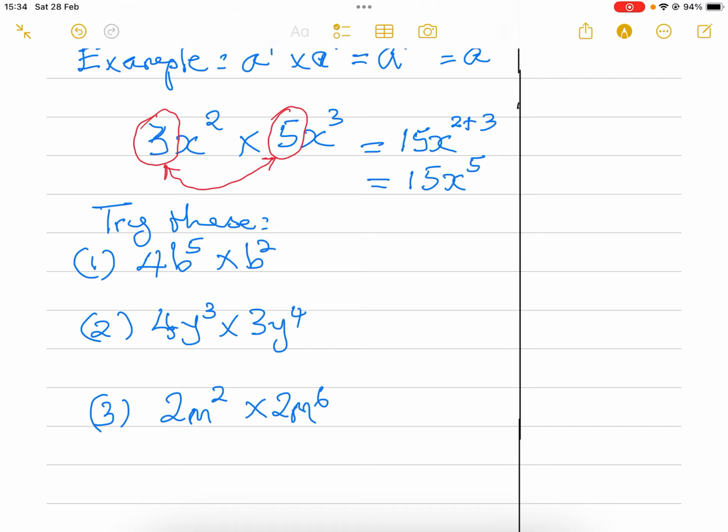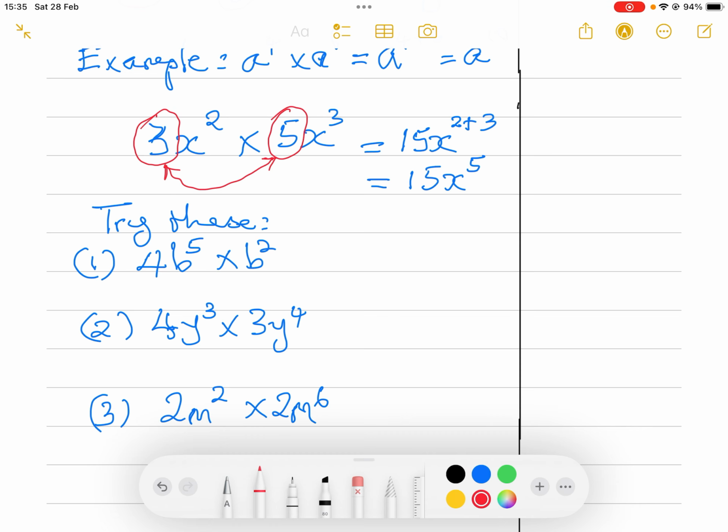And number 3. 2m raised to power 2 multiply by 2m raised to power 6. Pause and solve.